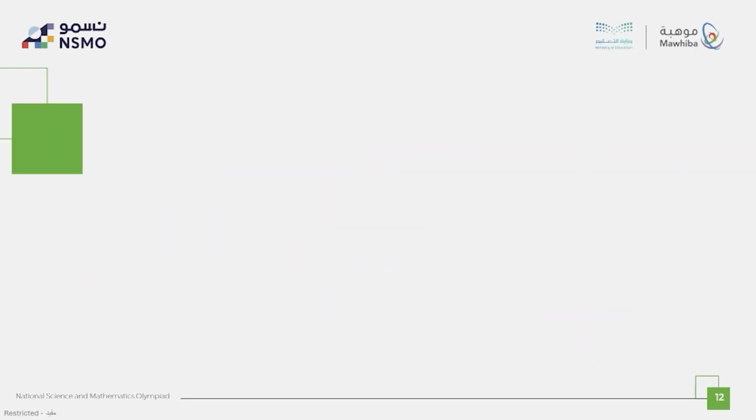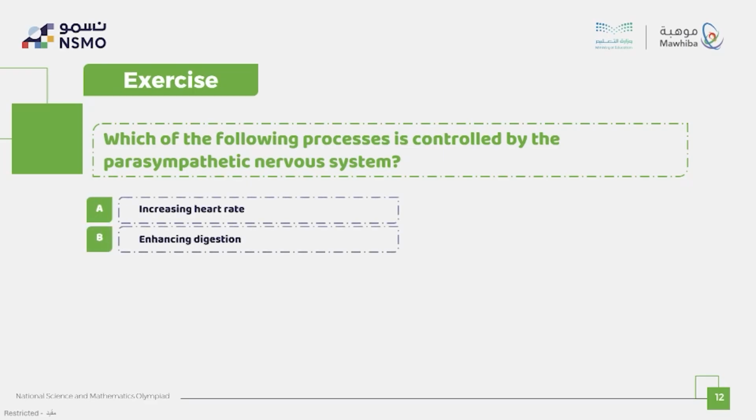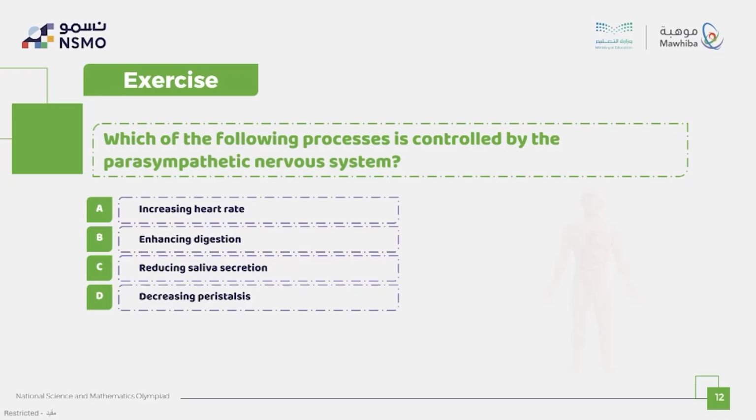Let's examine ourselves with this exercise. Which of the following processes is controlled by the parasympathetic nervous system? Is it increasing heart rate, enhancing digestion, reducing saliva secretion, or decreasing peristalsis?